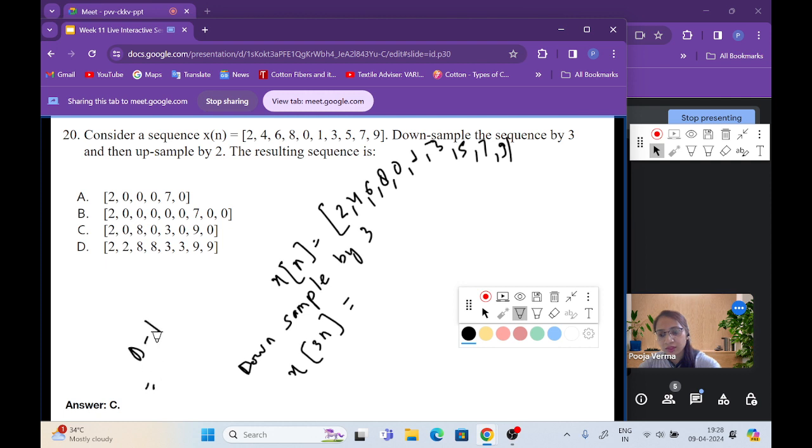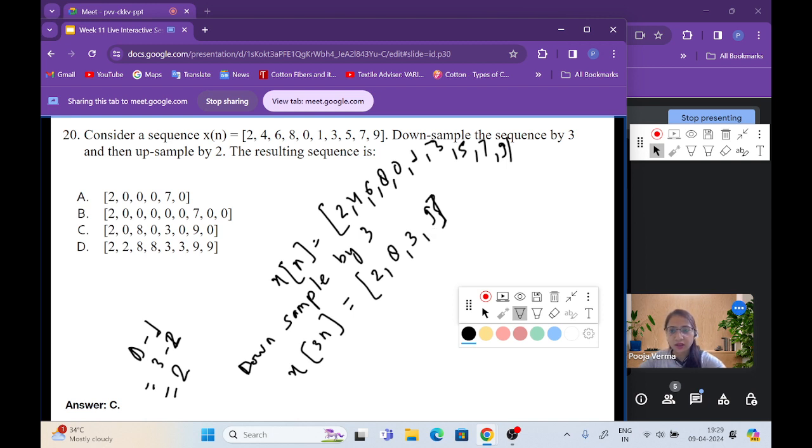That is downsampling by 3 means removing 3 minus 1, that is 2 samples, in every group. We just remove two samples in the sequence each time. So what we will get is 2, 8, 3, 9.